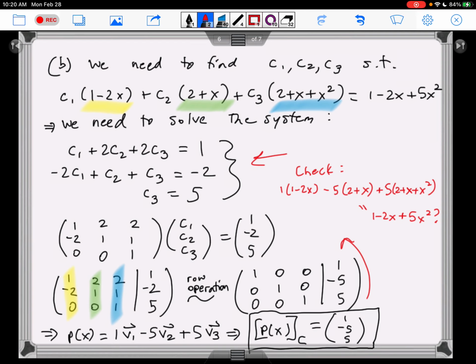You could check that and you'll see that it does work. Okay, I would do that if I were you. That's how you check your answer, right? So these actually can be checked, which is nice because that's not always true in the linear algebra class. But here you can check your answer.